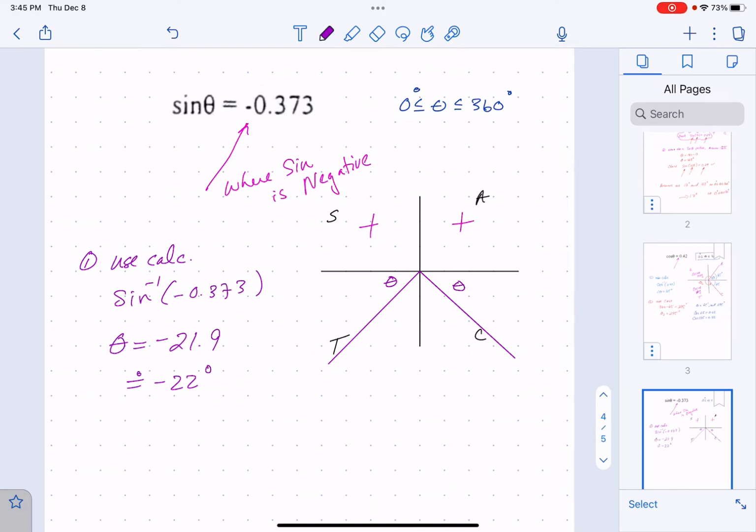Now, negative 22 degrees, that's awesome. That's this answer. That is going to be negative 22 degrees. Okay? And now, that's great, and that's definitely an answer, and that's how I get there.